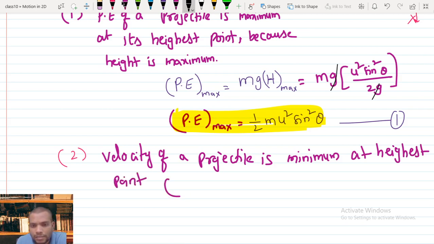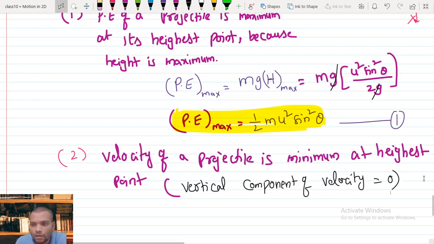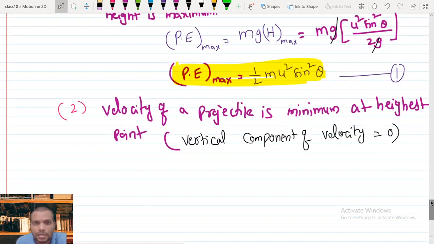Reason: the vertical component of velocity equals 0. Now in that case, I can write it here.